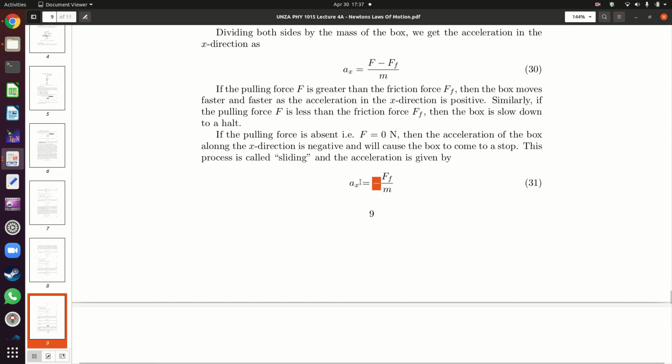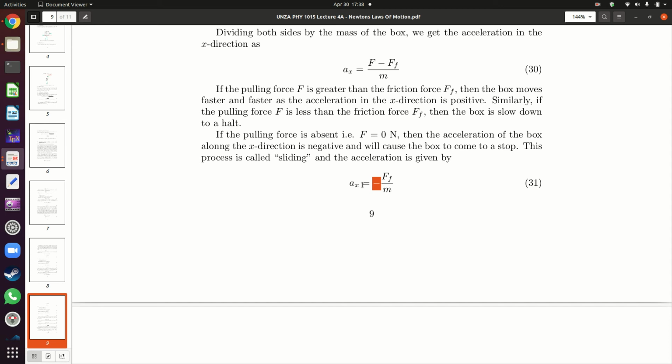This is going to result in an acceleration which is definitely negative. So when something is sliding, it will come to a stop because the acceleration is negative. It doesn't matter how long it will take, but it will come to a stop at some point.